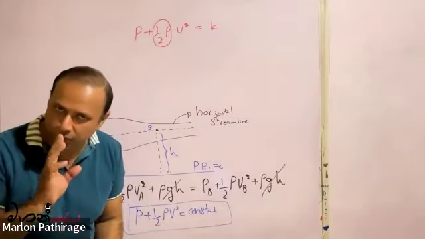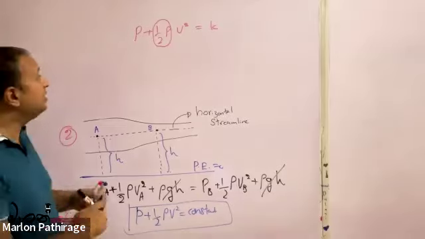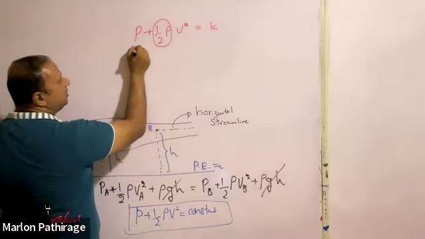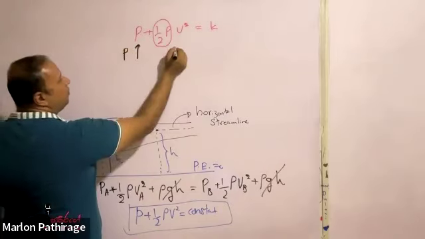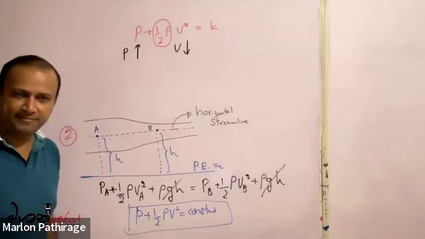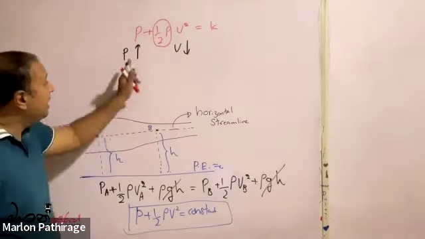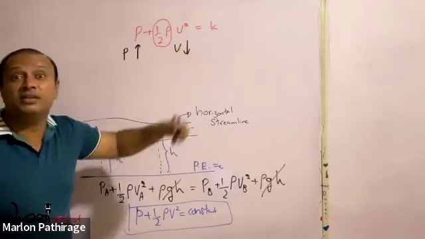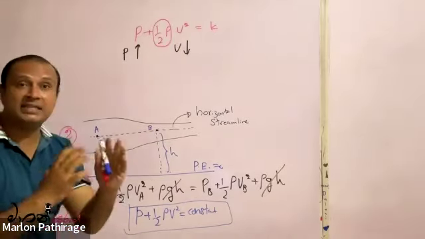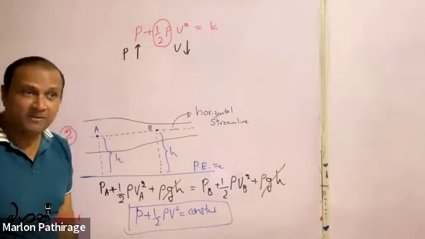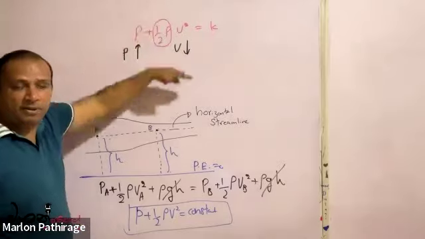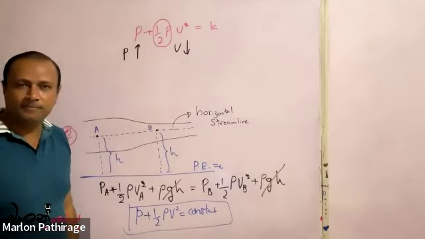So when the pressure increases, the velocity term should decrease, because the addition should be a constant. To keep that equation valid, when the pressure increases, this term has to be reduced.